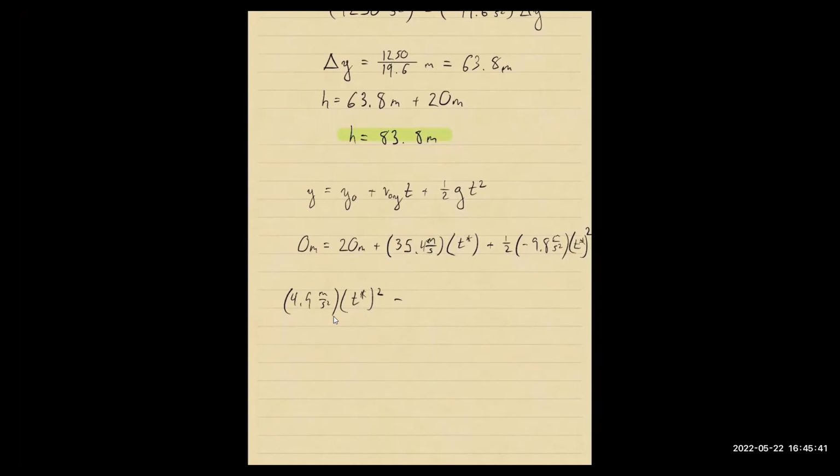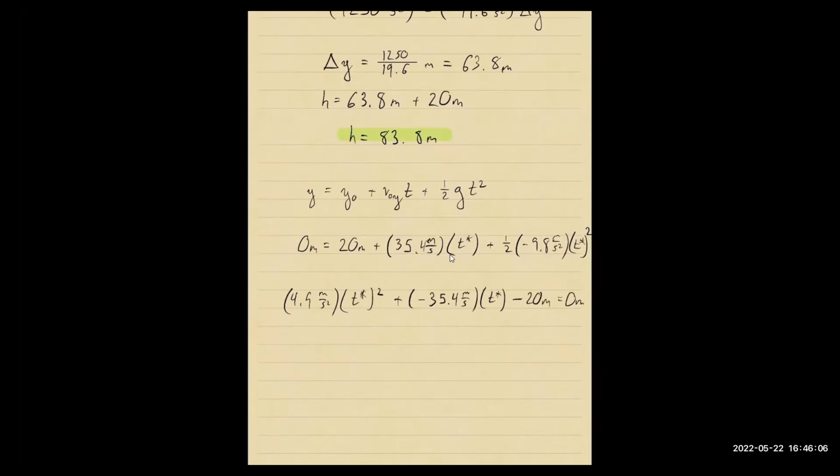And we're going to have plus negative 35.4 meters per second times t star. I essentially just subtracted this term off from both sides. And then we have minus 20 meters, equal to 0 meters. So I just moved some things around.